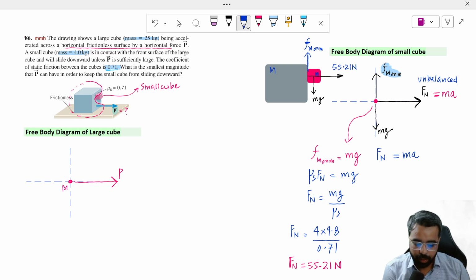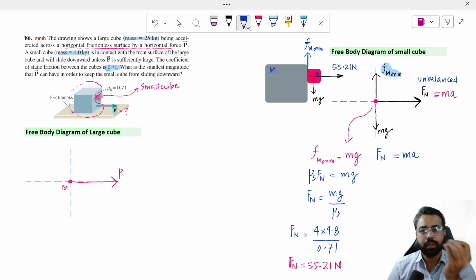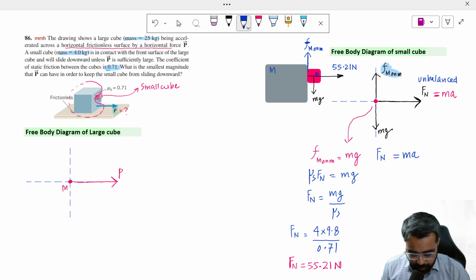The same is the force applied by the smaller block on the larger block, referring to Newton's third law. Since they said minimum, I have to draw the same length arrow. This is the normal force applied by the smaller cube on the larger cube, 55.21 newtons.